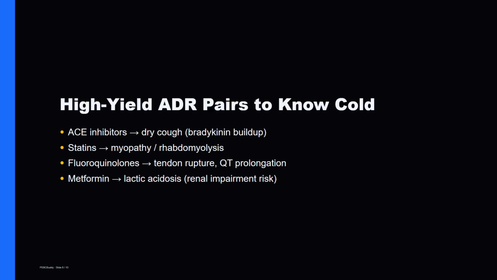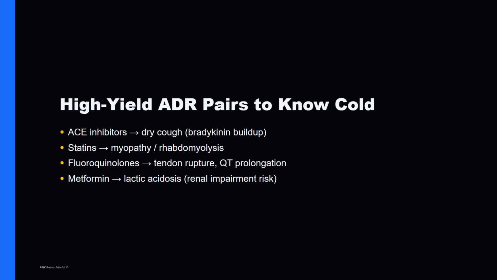Let me give you a rapid-fire set of ADR pairs that come up again and again in clinical scenarios. ACE inhibitors cause a dry, non-productive cough because they prevent bradykinin breakdown. Switch to an ARB if it's intolerable. Statins can cause myopathy, ranging from mild muscle aches all the way to life-threatening rhabdomyolysis, especially when combined with CYP3A4 inhibitors like clarithromycin.